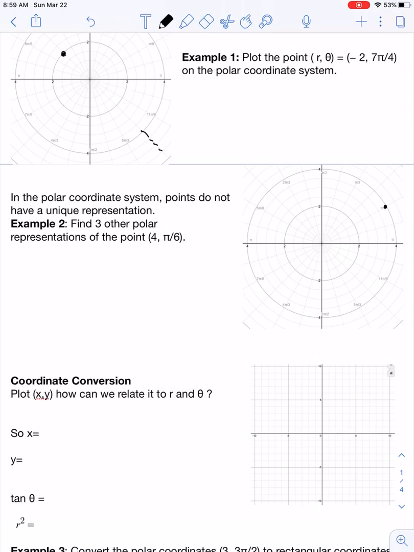All right, now come up with 3 other ways using negatives and positives for a radius and angle. Pause here and come up with those. And now that's what we got. If I were to go negative 4, I would need the angle over here, and that would be 7 pi over 6.